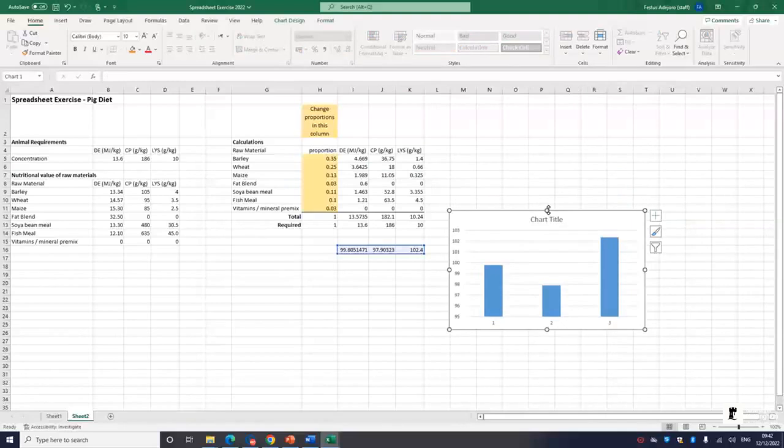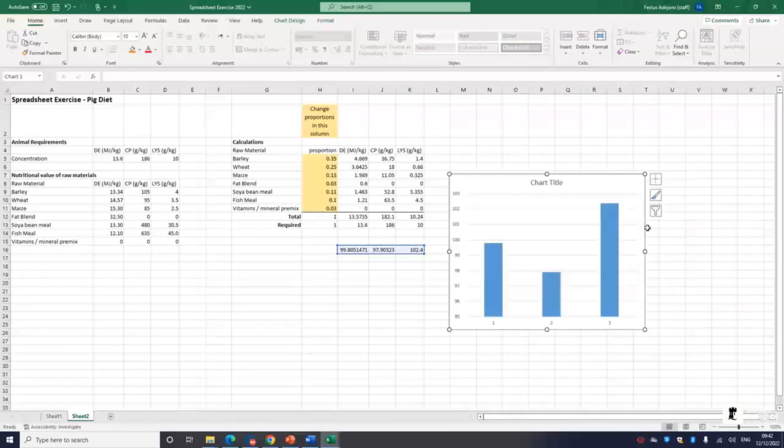And you have something like this, and you see how well you are faring. You have been able to meet the lysine requirement of the animal. You've exceeded it up to well over 1.102%, whereas your crude protein is sitting somewhere below 98%, whereas the energy requirement of the animal is, well, maybe 100.